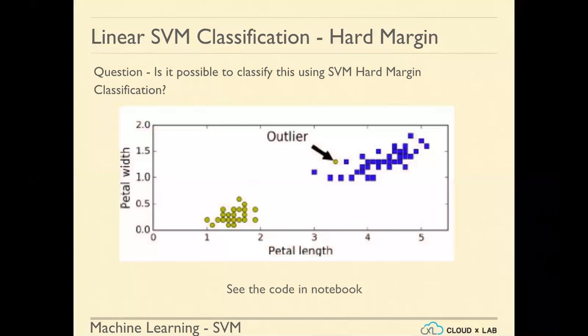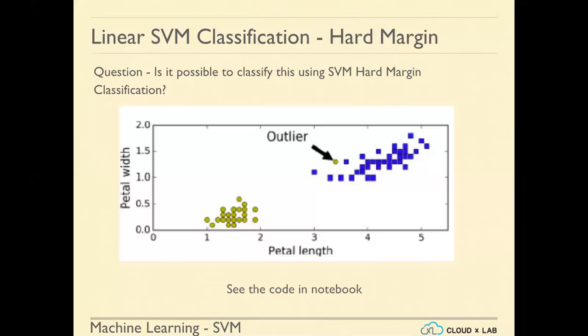So the question is, if we want to draw a hard margin, is it possible to classify this kind of data, provided that there is one outlier? Yes, margin is the distance between the dotted lines, or the whole street is a margin. So yes, the dotted lines are the margin.